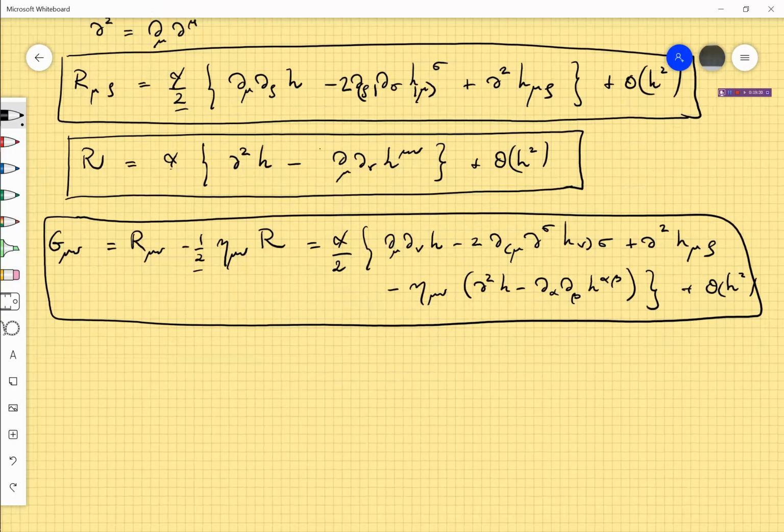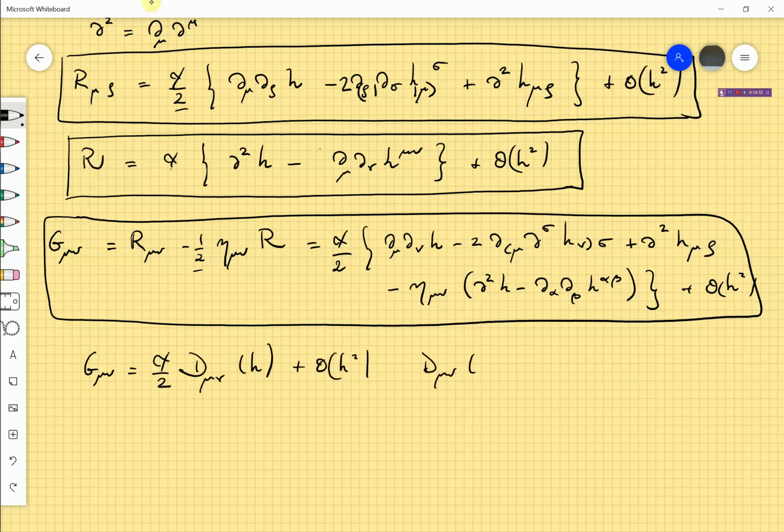Instead of dealing with this complicated thing, let's give it a name. So let's say that G mu nu is just chi over 2 and something that I will write as D mu nu of h. So D mu nu of h equal to 0 is what are called the linearized Einstein equations, the first Pauli equations.